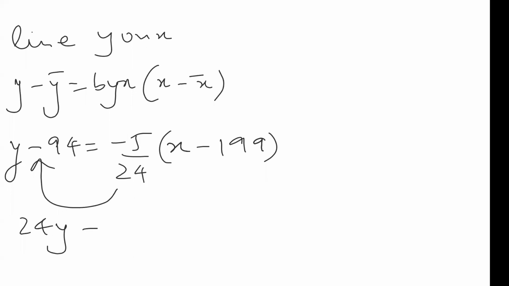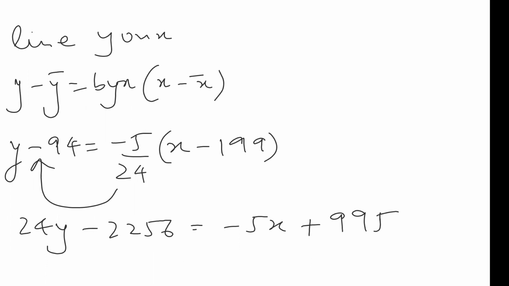Don't use your calculators, otherwise you'll get into the habit of using calculators. Calculators are not allowed in your board exams. 199 into 5 is 995. So this will be plus, because minus and minus give you plus 995.